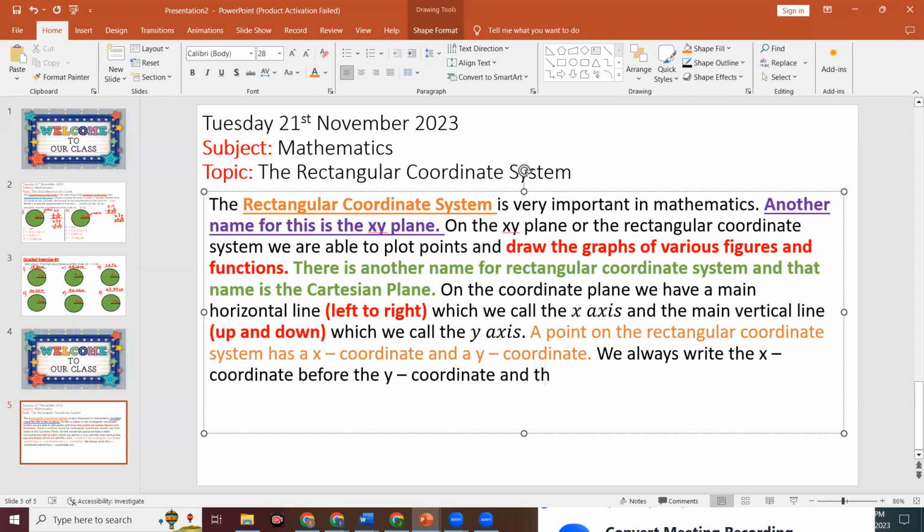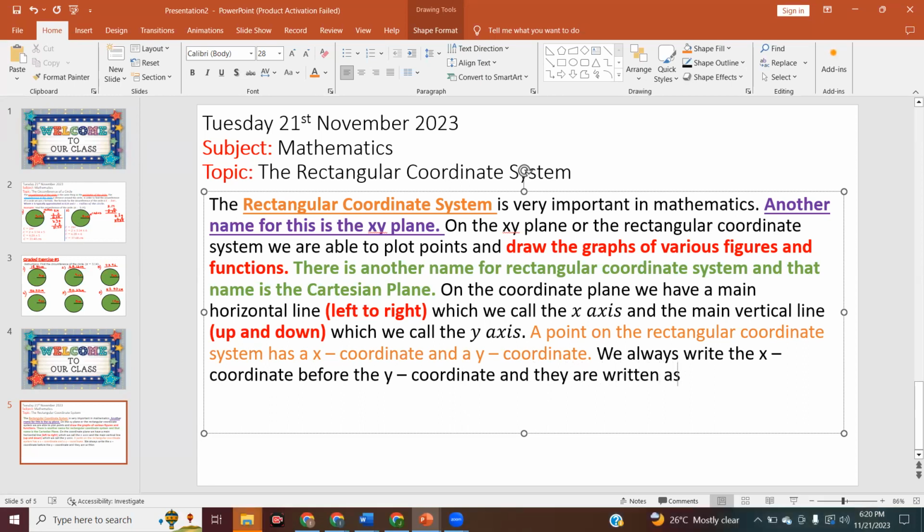And they are written as a pair. So we have x comma y. For a pair we use parentheses. And it's x comma y. So that's how we write it. The x coordinate is written first, then the y coordinate.